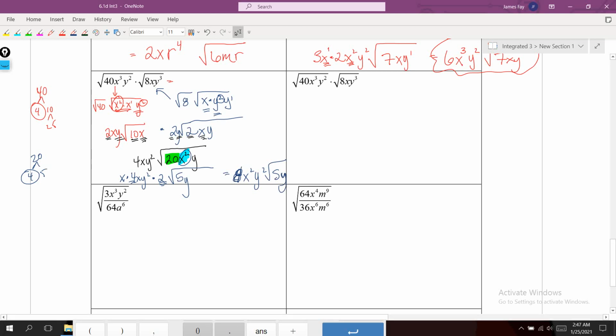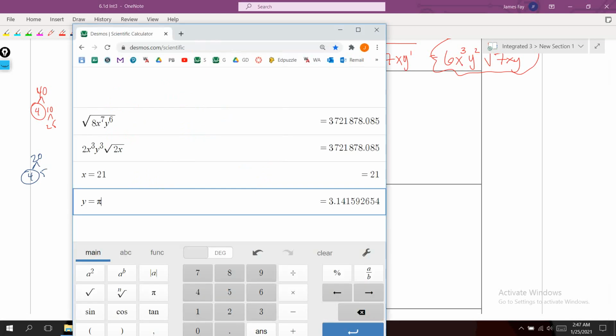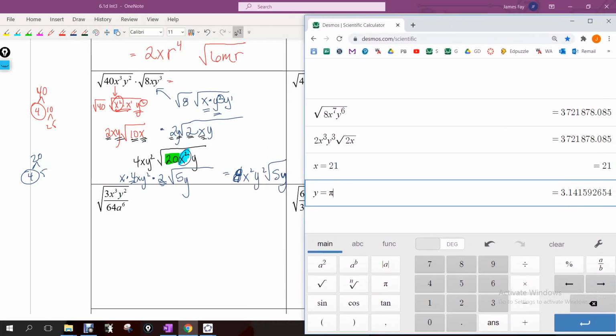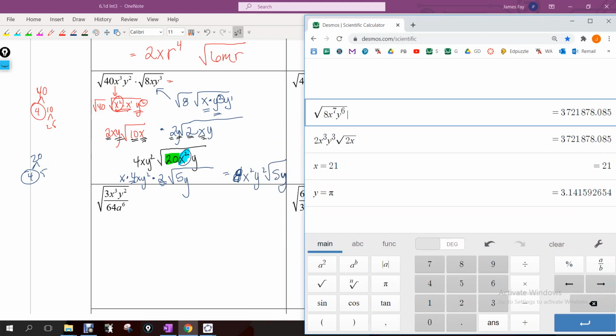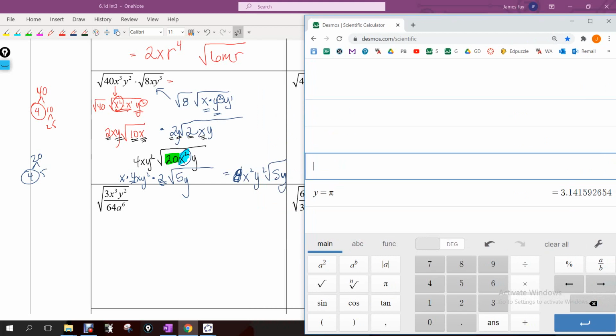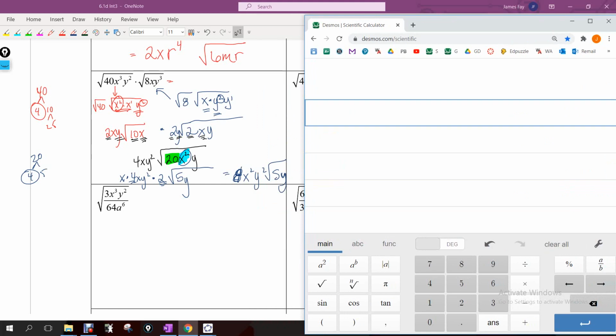And that can be kind of a tedious task. We've done a lot of work there, so it makes sense, I think, to go see if what we've done here matches up. So I'll take square root of 40x to the third times y squared, and we'll multiply that by square root of 8 times x times y cubed.